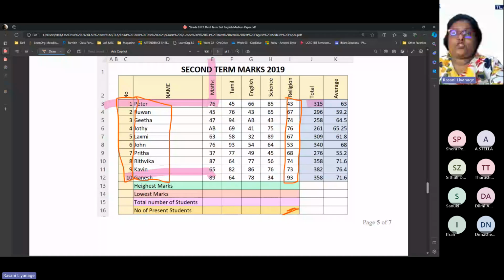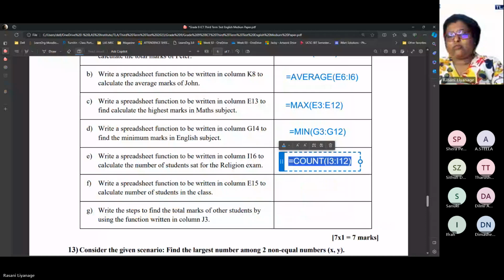Count works only for numbers. So we have to count C3 to C12, the numbers. That's the student count.